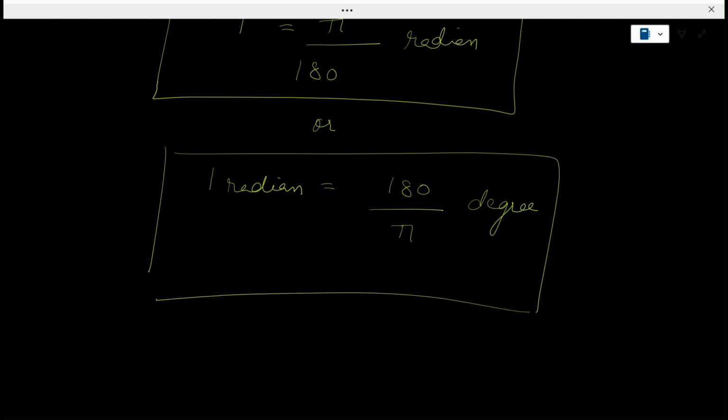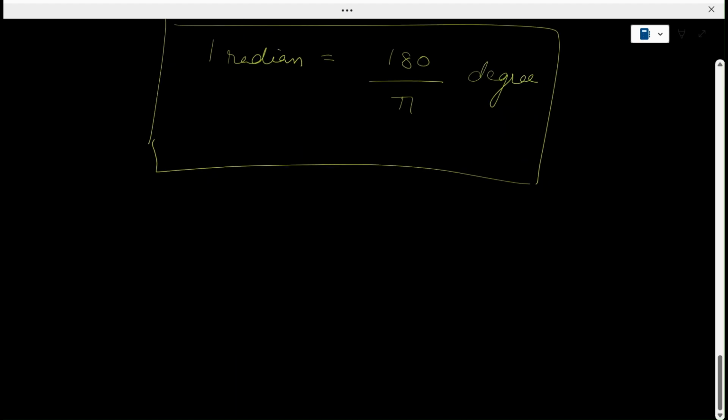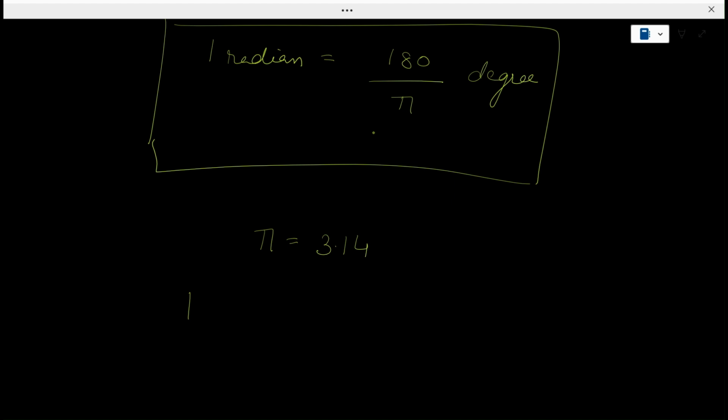Alright, so we talk about radian and degree. Let us understand what this radian actually means. We know the value of pi universally accepted is 3.14. So simply divide 180 by 3.14 and the value is 57.3 degrees.